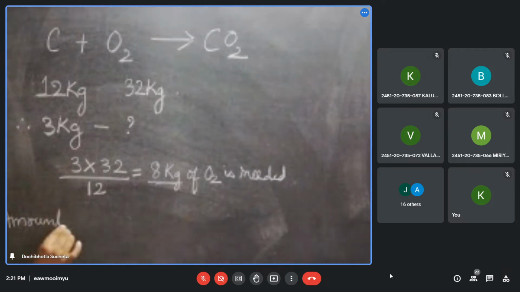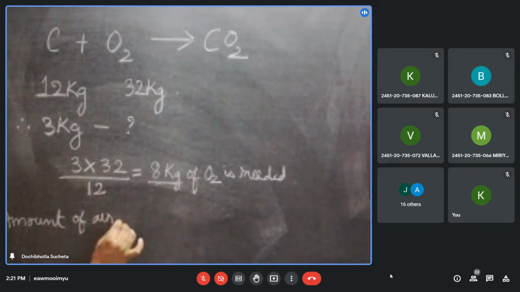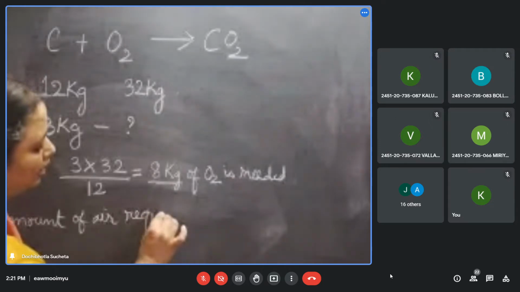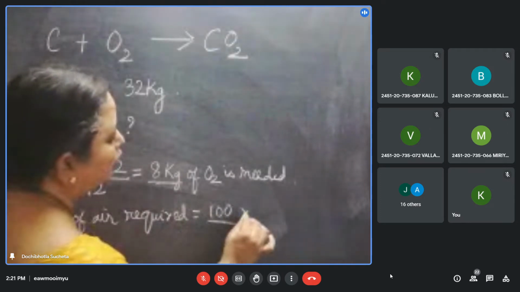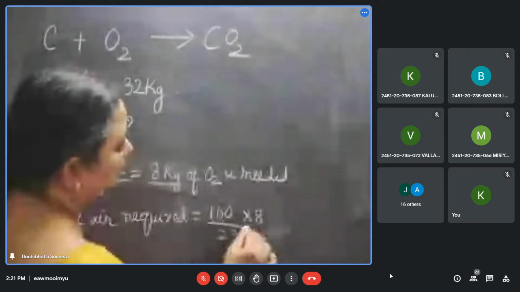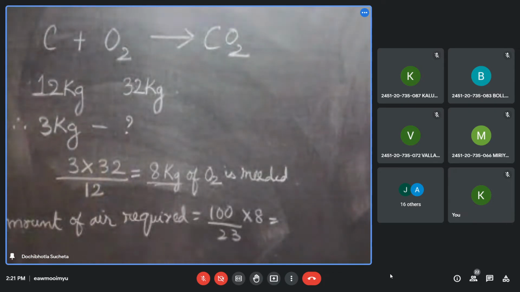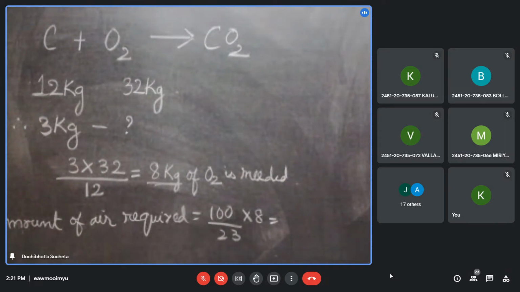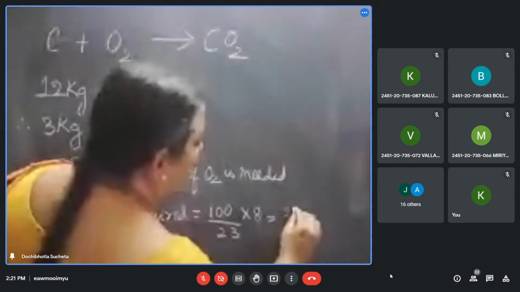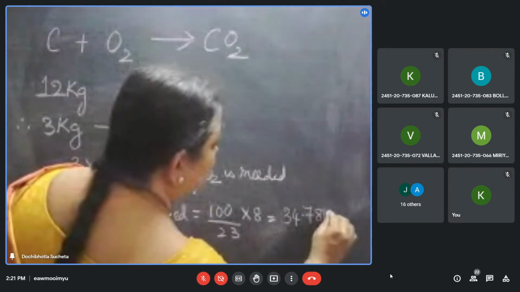Amount of air required is equal to 100 into 8 divided by 23. That is equal to 34.78 kgs of air.